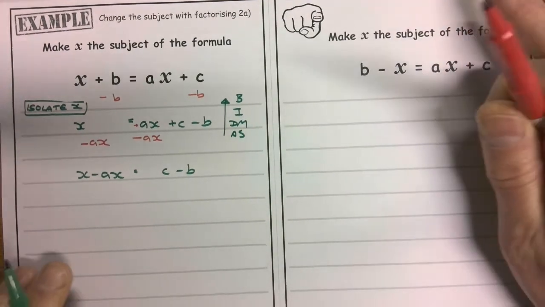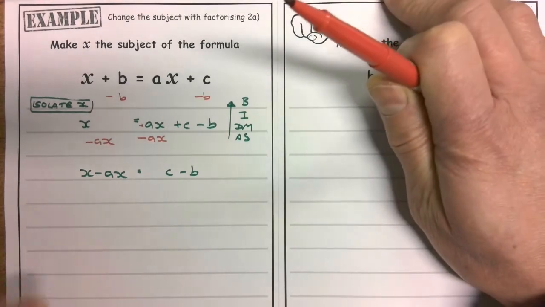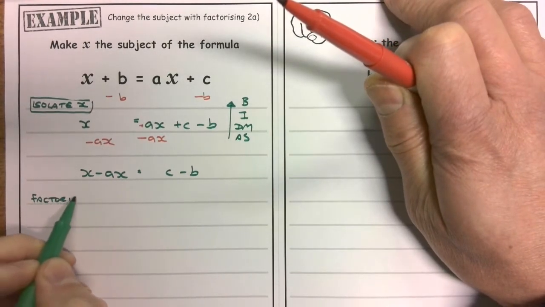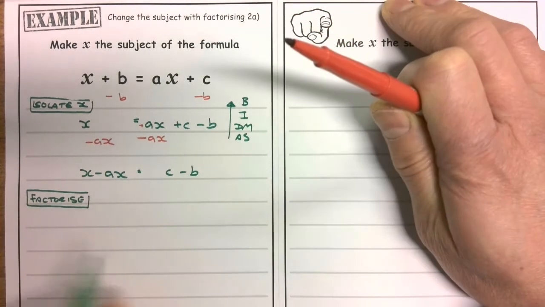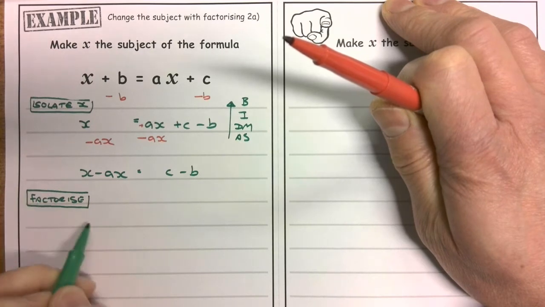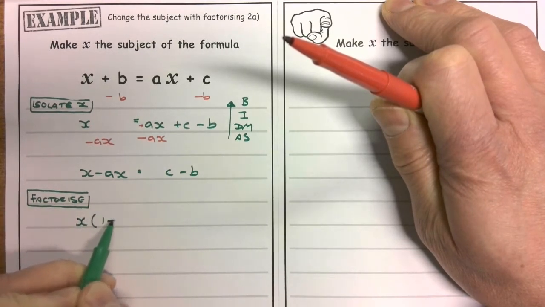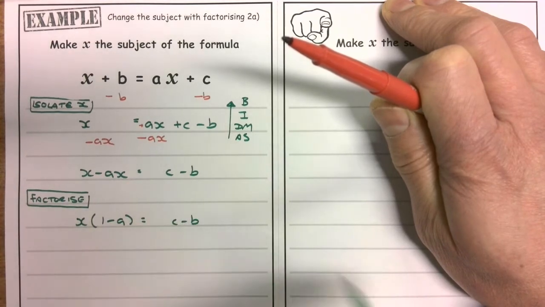Now the trick here, and this is where a lot of people get a little bit stuck, is that we need to factorise at this point. So we're going to take the x out. So I've got x out of the bracket: 1 take away a is c take away b.